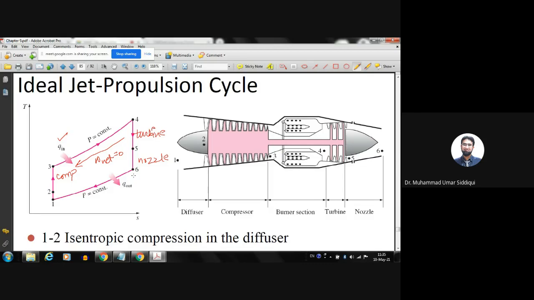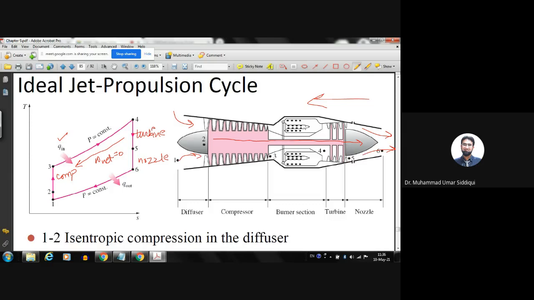We need high velocity jet at the exit. So we have the air entering into our jet propulsion cycle, and as it passes through all the components of the jet cycle, at the exit, what we need is high velocity air going out. And when we have high velocity air going out, this provides enough propulsive power for the jet engine to move forward.